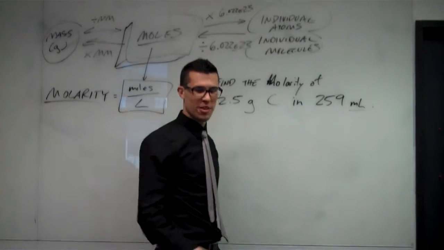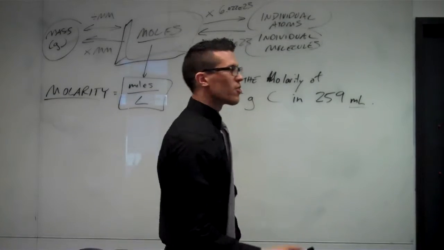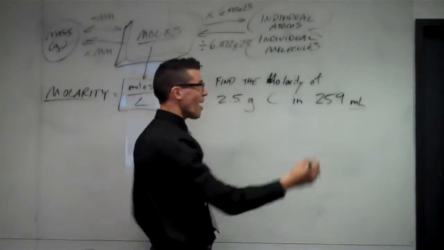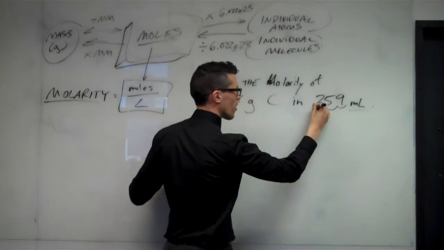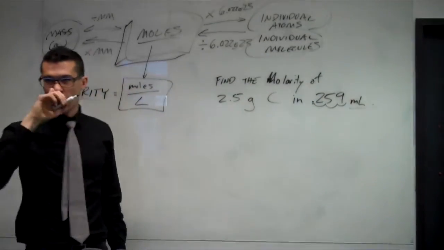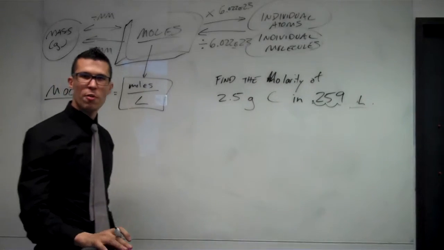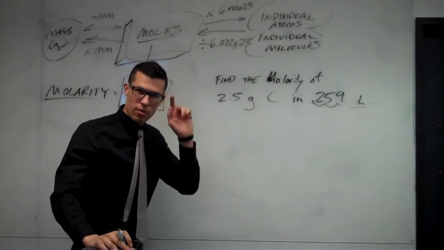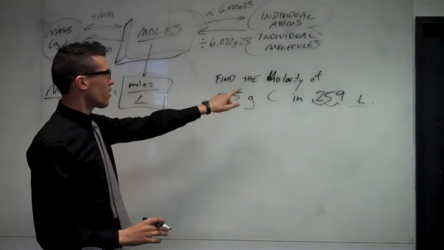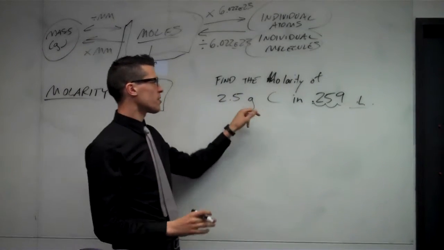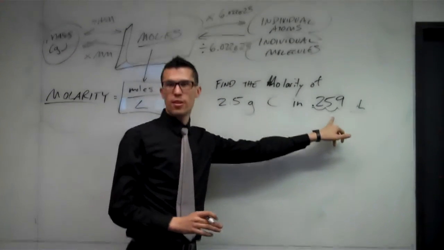It's when the doctors hit you on the knee. So as soon as you see this, you should be thinking, I've got to change that. Okay, so that's how many liters we have: 0.259 liters. So find the molarity of 2.5 grams of carbon in this many liters.